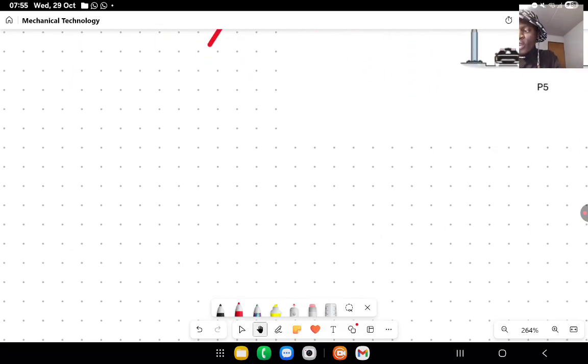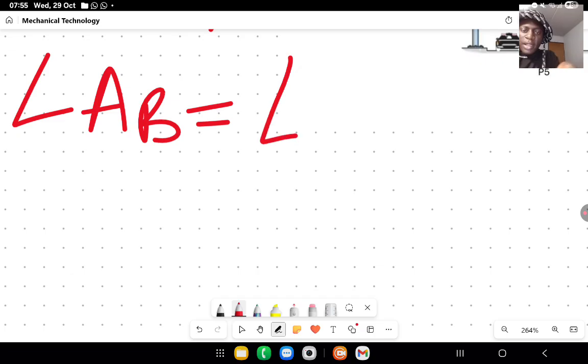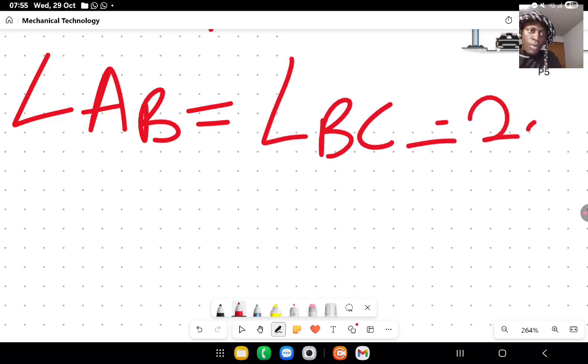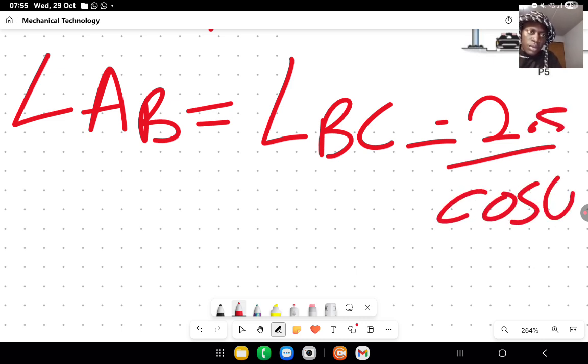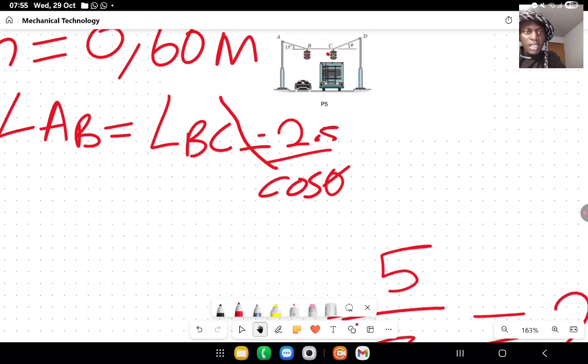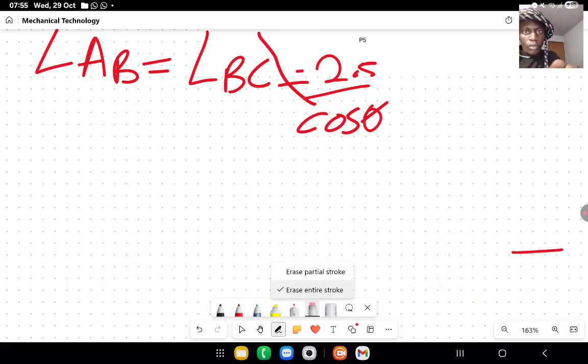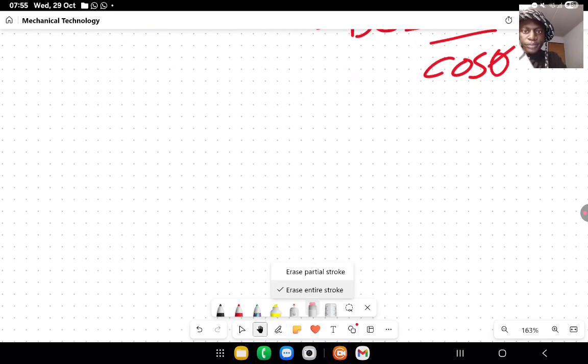Therefore, step 4, we are going to say LBC is equal to 2.5 divided by cos. Why I said this? Because that is continuous. We are going to use that. Okay, let me erase here so that we will understand properly.